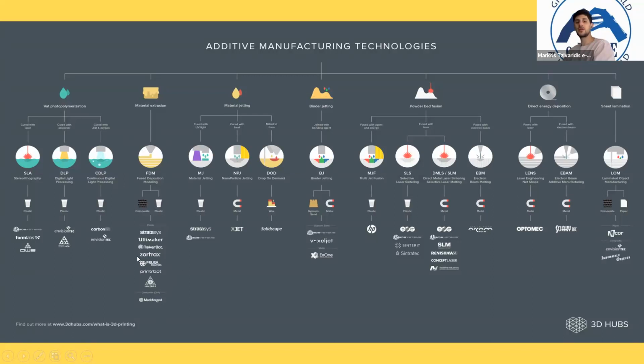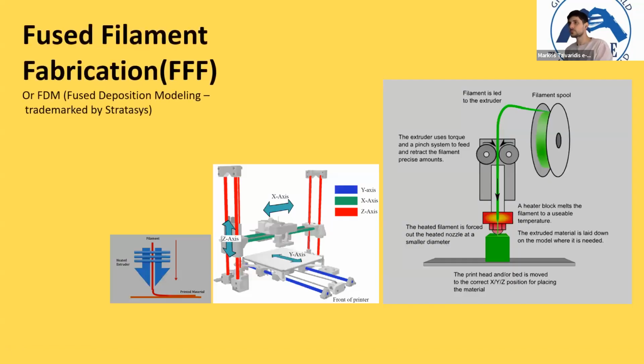As you can see, there are a lot of companies regarding this type of process, because it's the most mainstream one. But as you can see, there is not just one, there are more than 10 types of 3D printing. So depending on what you want to do in this field, you can decide what type of process is the best and optimal one for your final object.